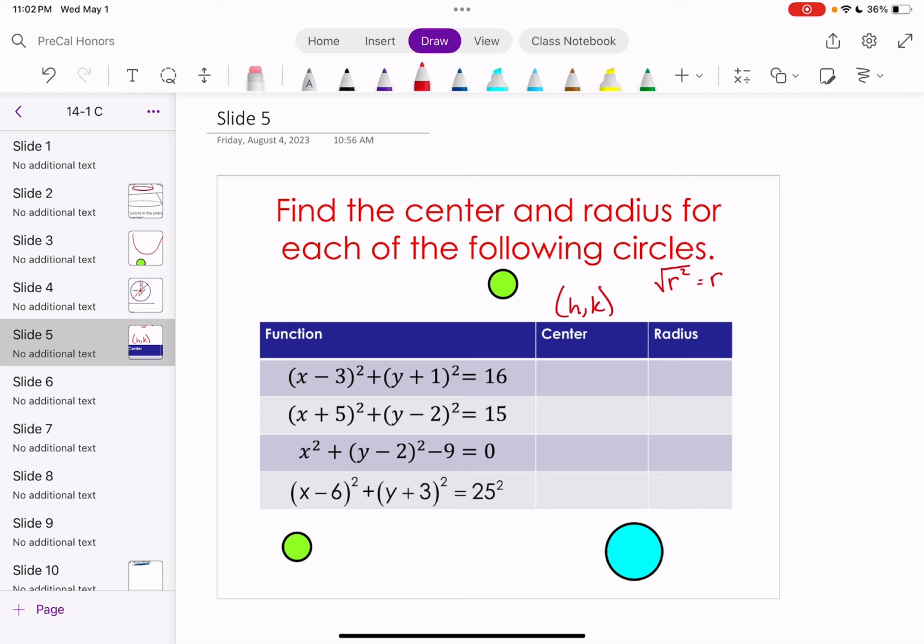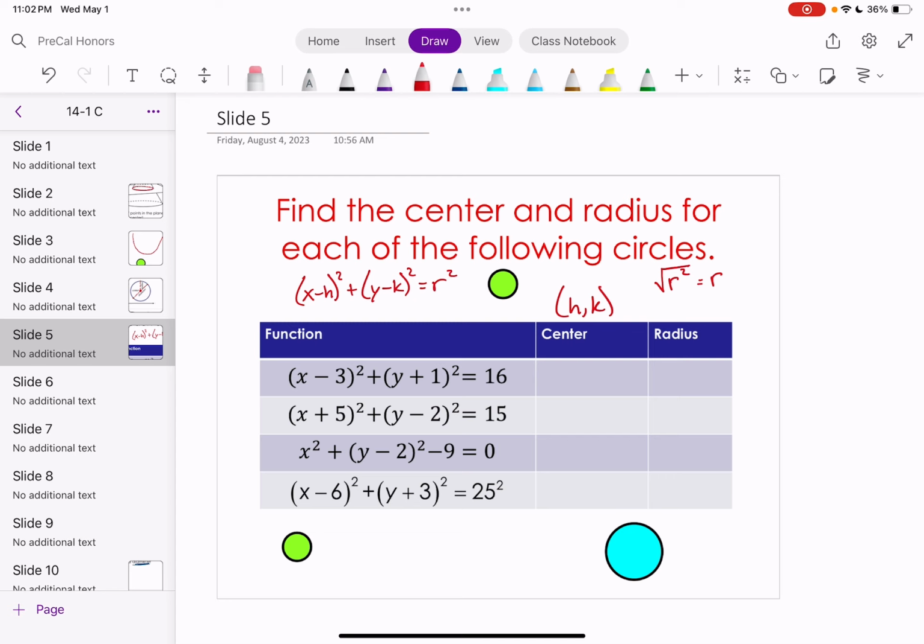In our original equation, remember, our equation had our h and k being separated, which means if we write this over again, this would be x minus h squared plus y minus k squared is equal to r squared. That is our original equation.